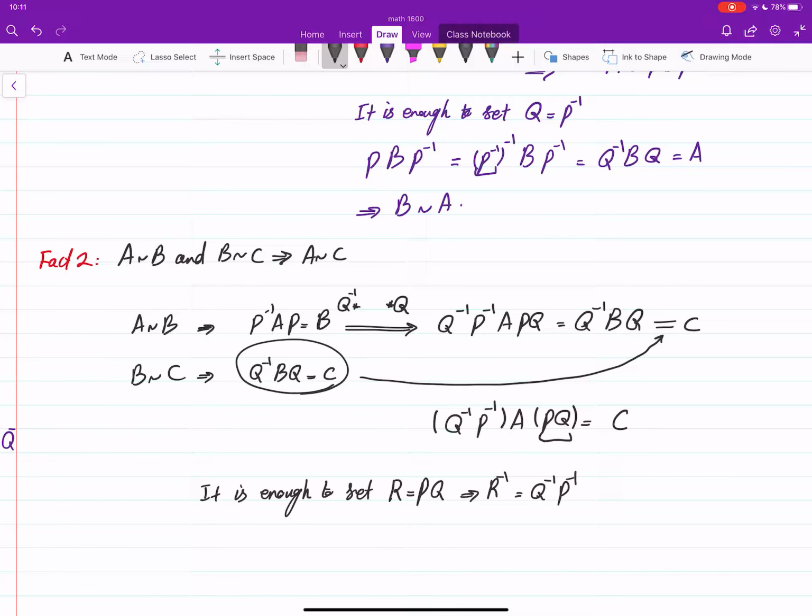So that means that what we showed is that yes, there is an invertible matrix R such that R inverse AR is equal to C.